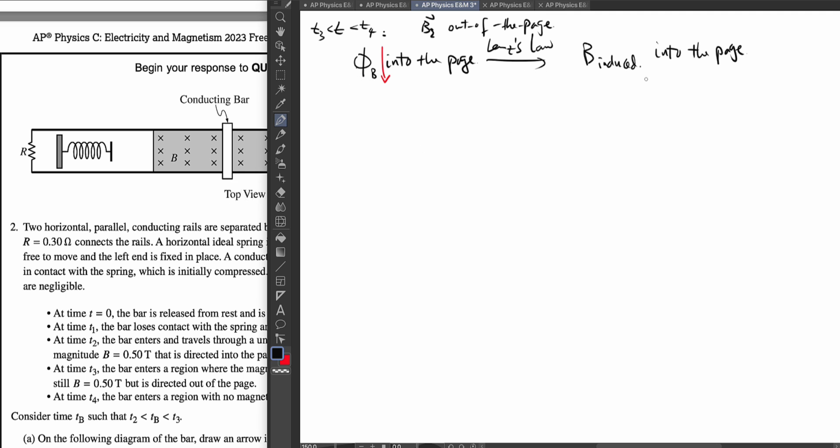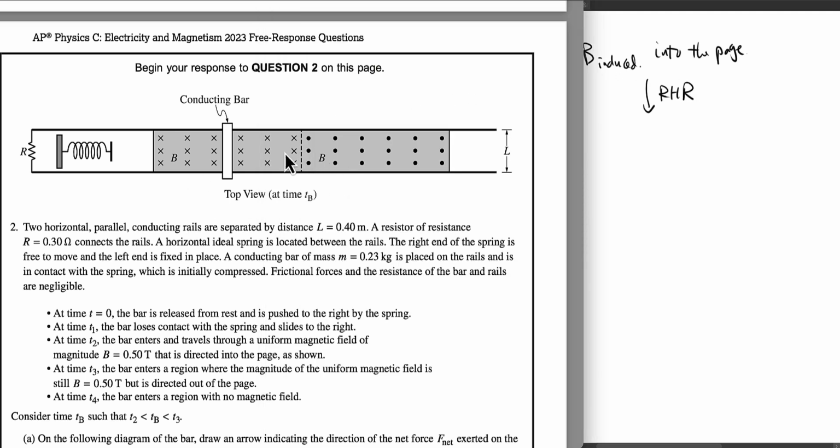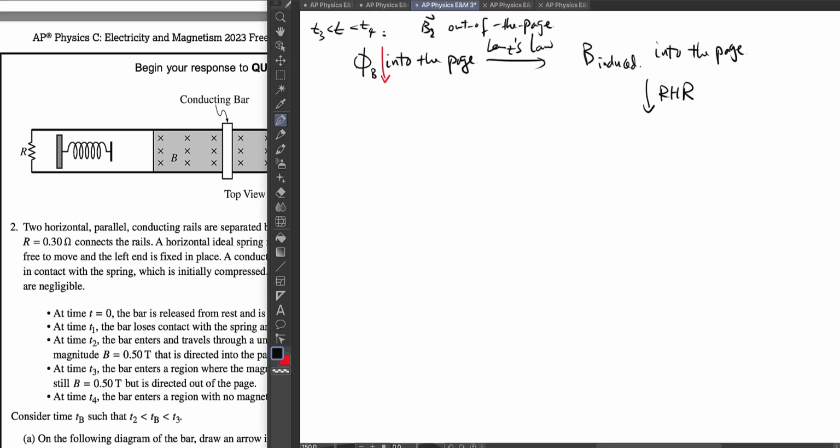And then according to the right-hand rule, in order to have such an induced B into the page, we should have a current going downward, or clockwise. If you think about the whole loop here, the metal bar now has a current going downward.